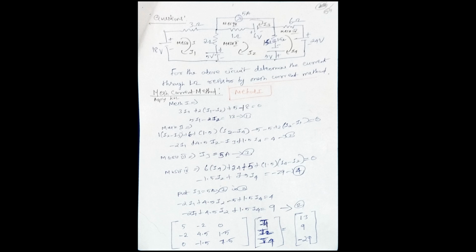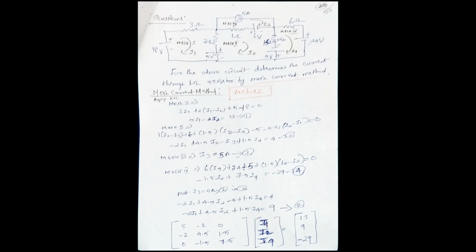The 5-volt sources that are rising voltages get negative signs. We obtain the second equation. Mesh 3 contains a 5 ampere source, so I3 is equal to 5 ampere.